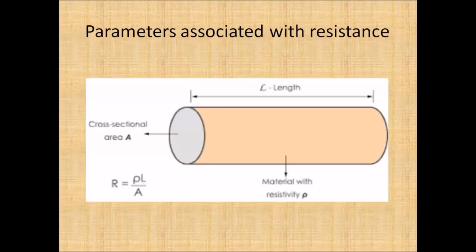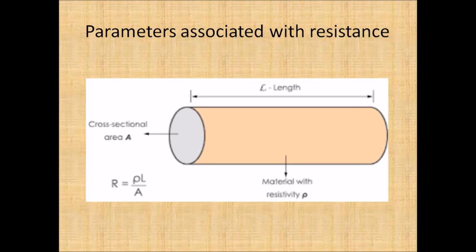Now we will see some parameters associated with the resistance. The value of resistance is directly proportional to the length of the material and inversely proportional to its cross-section area. It is represented by the resistance law, which states that the resistance of any conductor is directly proportional to its length and inversely proportional to its cross-sectional area.